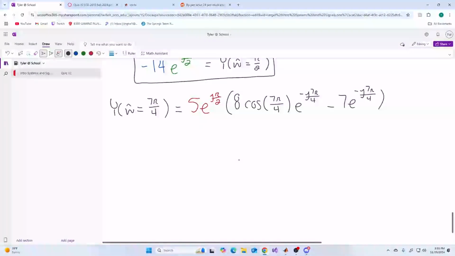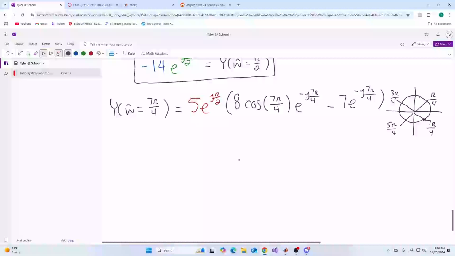Well, the first thing we do is, what is the cosine of 7 pi divided by 4? That is over here. I'm going to draw my unit circle. Over here, that's pi divided by 4. Over here, 3 pi divided by 4. Over here is 5 pi divided by 4. And over here is 7 pi divided by 4.